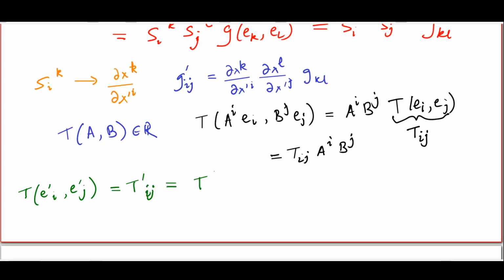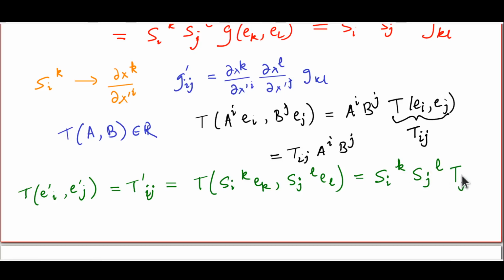And just by using the fact that e'_i is S_ik e_k and e'_j is S_jl e_l, both these being the same coefficients as for covectors, we immediately see that any tensor which maps two vectors into a number must have this transformation rule, which is of course our familiar transformation rule for all (0,2) tensors.